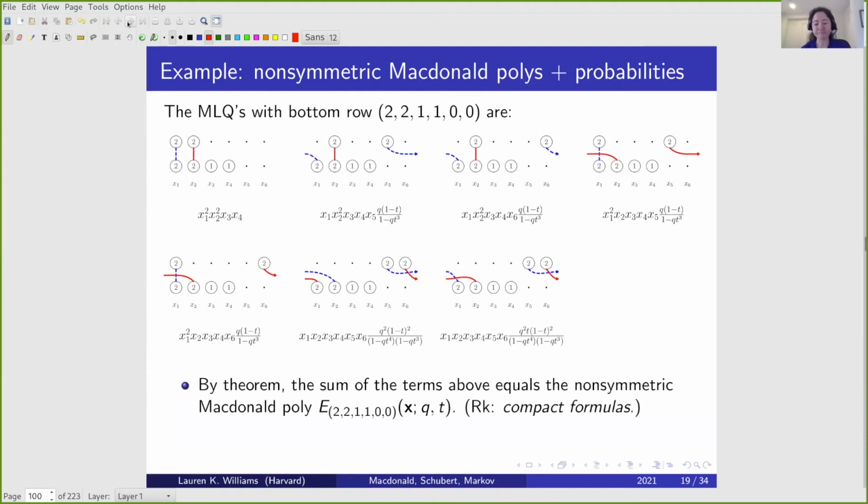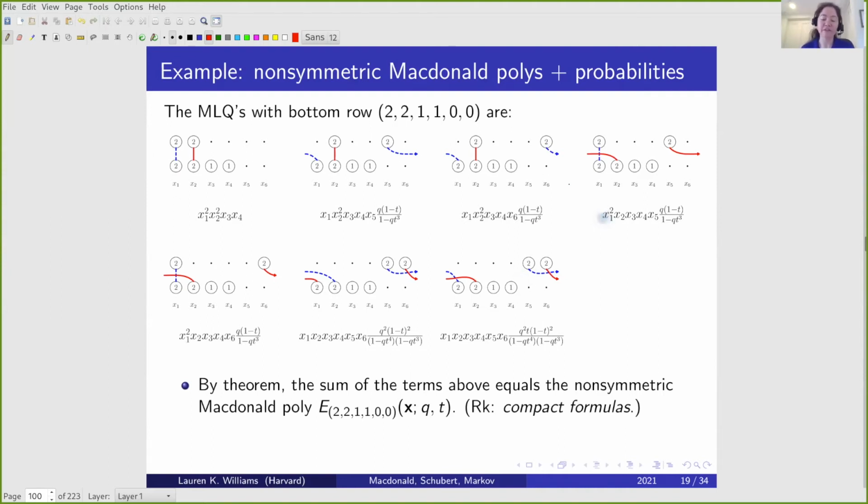And I mentioned earlier that Haglund, Haiman, and Loehr around the year 2005 had found the first combinatorial formulas for Macdonald polynomials in terms of some tableau. So one thing that's nice about our formula is that it seems, experimentally, it's shorter. It has fewer terms.